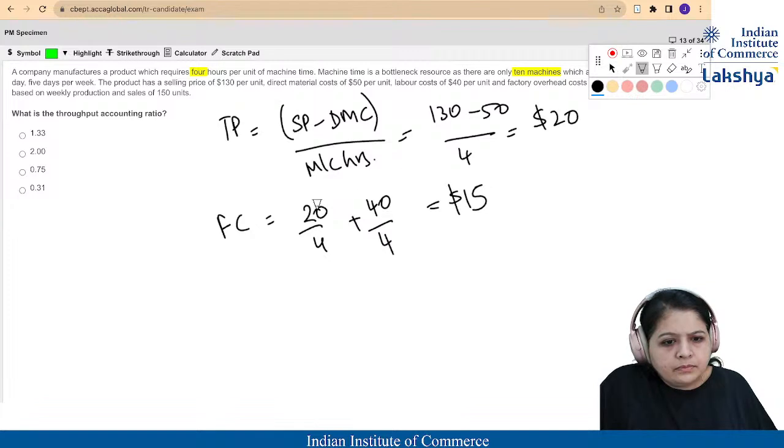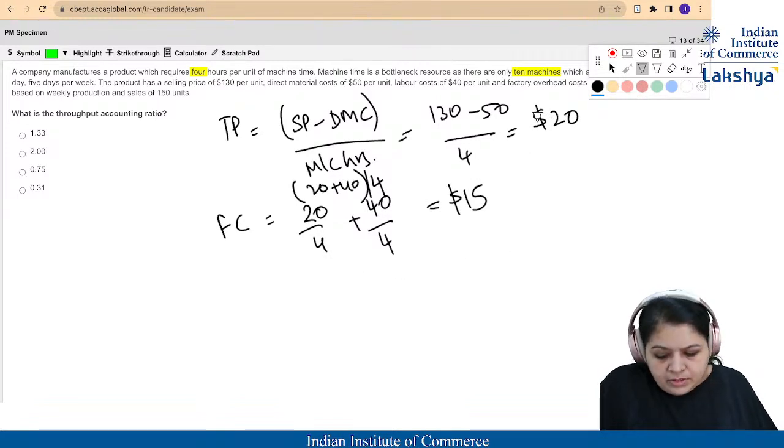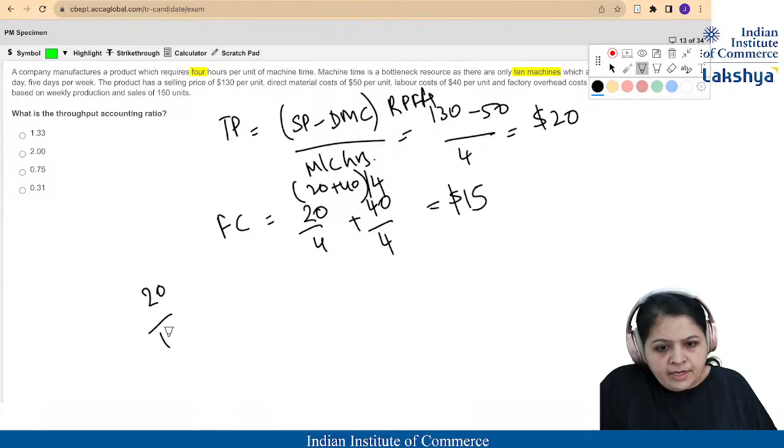We can also do 20 plus 40 divided by 4. Now you have your return per factory hour. We've got a factory cost. We do A divided by B. I normally say this is A and this is B. So A divided by B gives you 1.33. You have that value here.